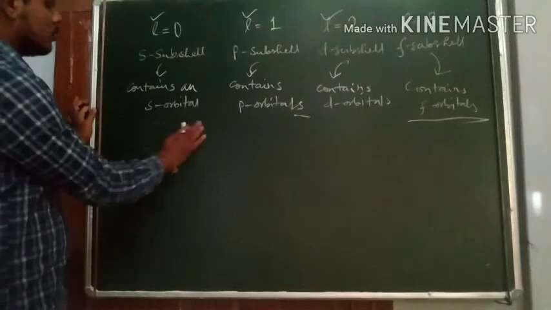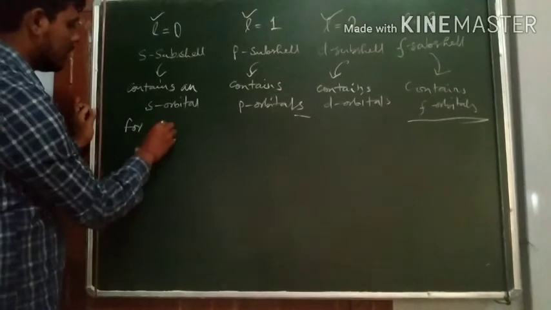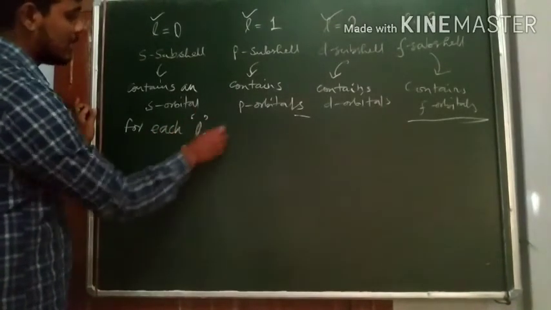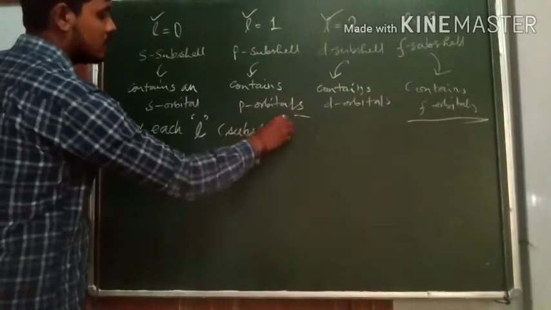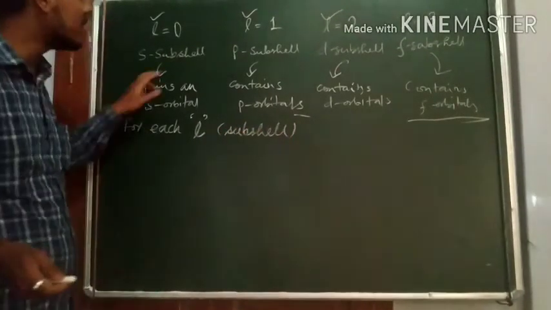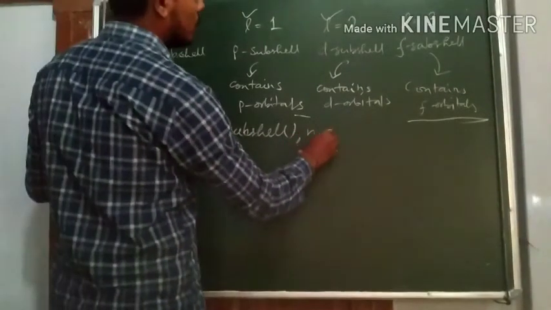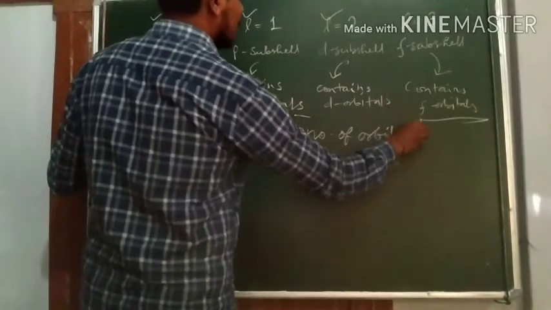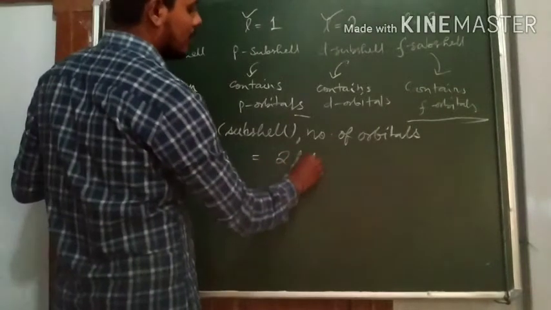Okay. So for each L, that is, for each subcell, the number of orbitals equals twice L plus 1.